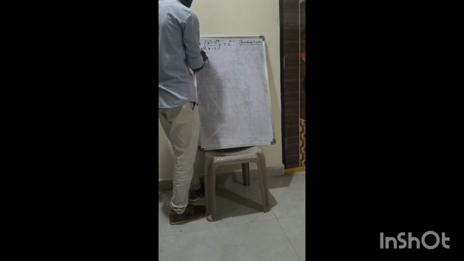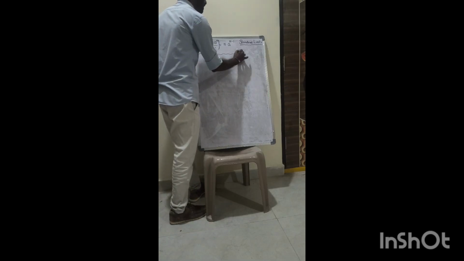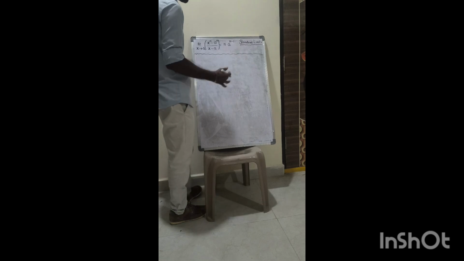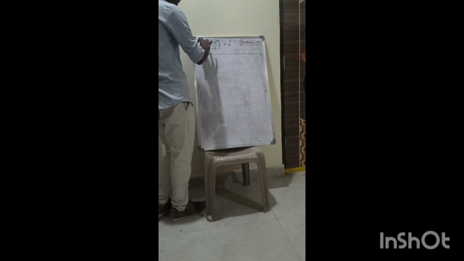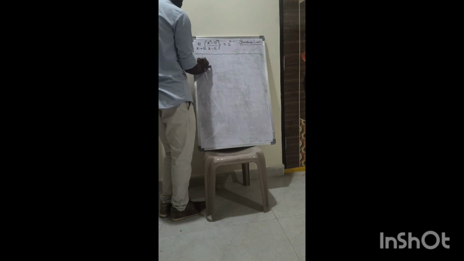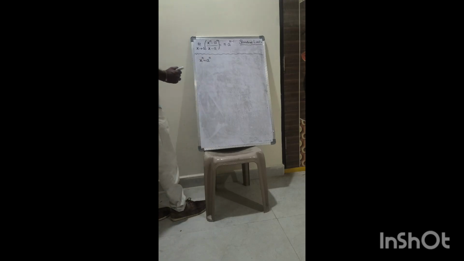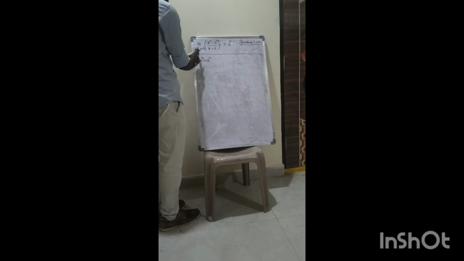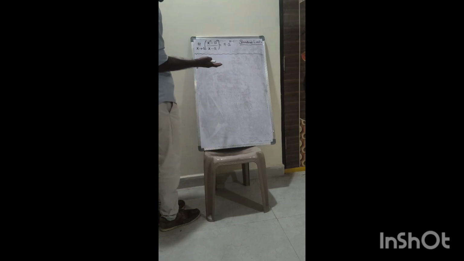I need your kind attention and best attention to factorize this x power n minus a power n. For example, n is a natural number here.